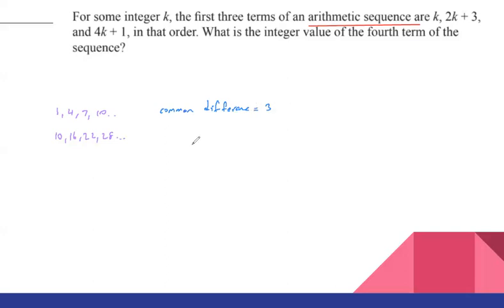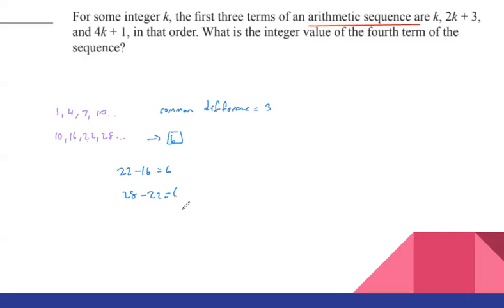So common difference is the number that you keep adding to get the next number. And in our second example, the common difference is 16 minus 10, which is 6, right? And this is what we do if you want to find a common difference. If you look at the common difference, it's always going to be the same. So you can do 22 minus 16, that's also 6, or 28 minus 22, that's also 6.